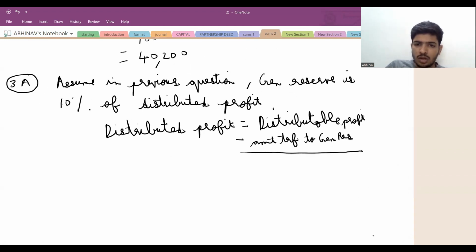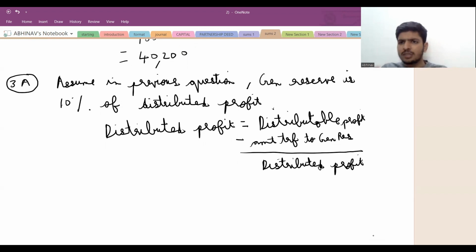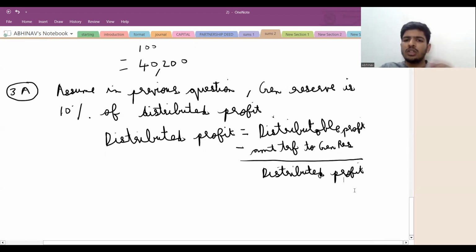So the remaining you get is distributed profit. This is the formula. I'll explain the formula, but for now, solve using this formula, right?